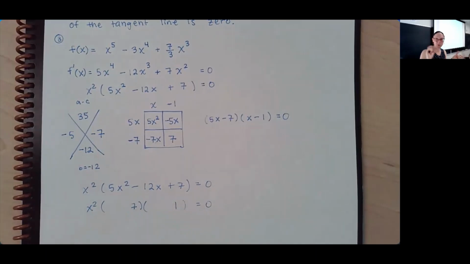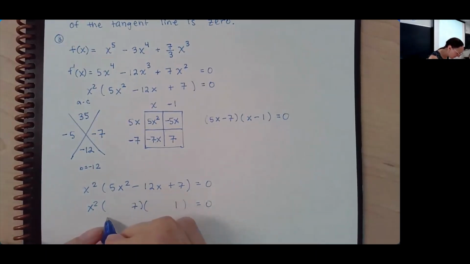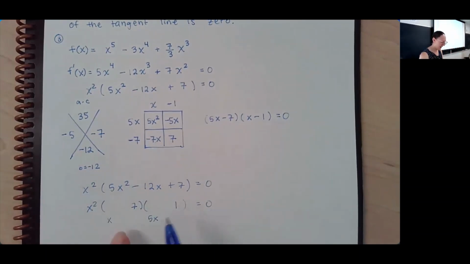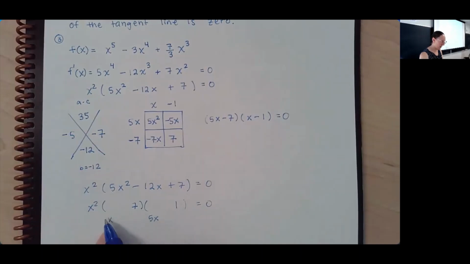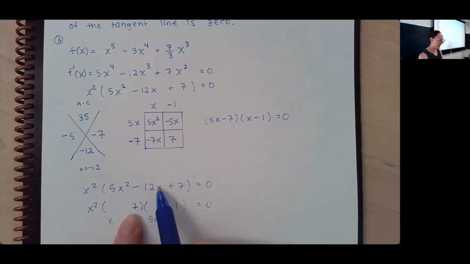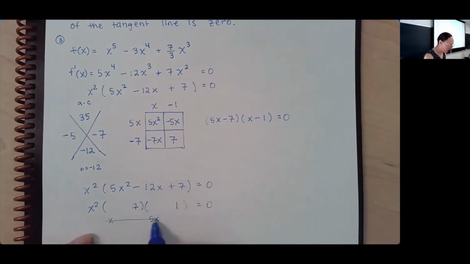And then I would multiply those out in my head. So it turns out that if I tried putting an x here and a 5x here, then I would end up with the 5x squared I wanted and the 7x that I wanted, but I would have a 1x plus a 35x. And that would not give me the negative 12. So I would know this direction didn't work.